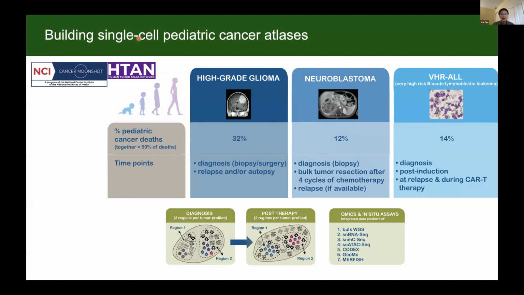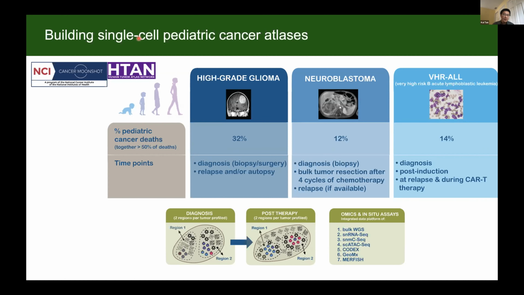The overall goal of this project is to use a range of single-cell sequencing and spatial omics data to generate reference maps for both adult and pediatric cancers.